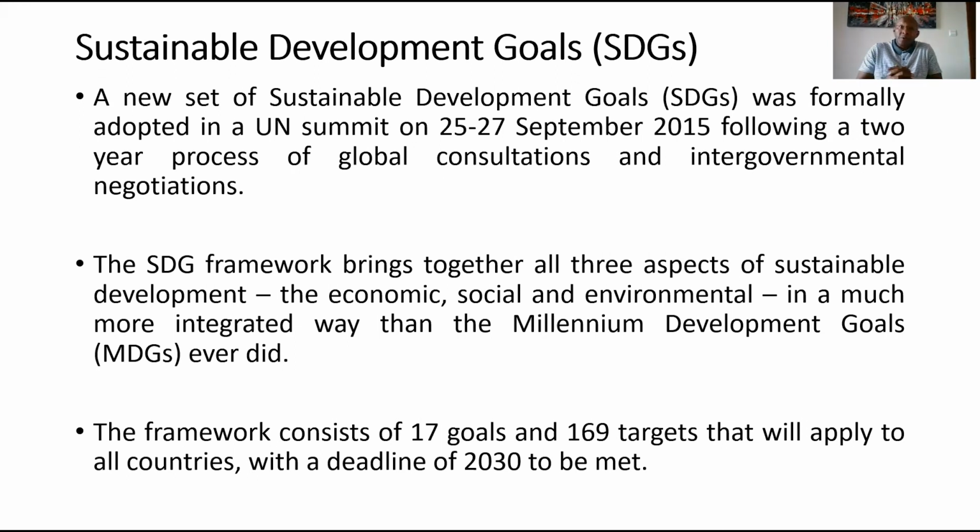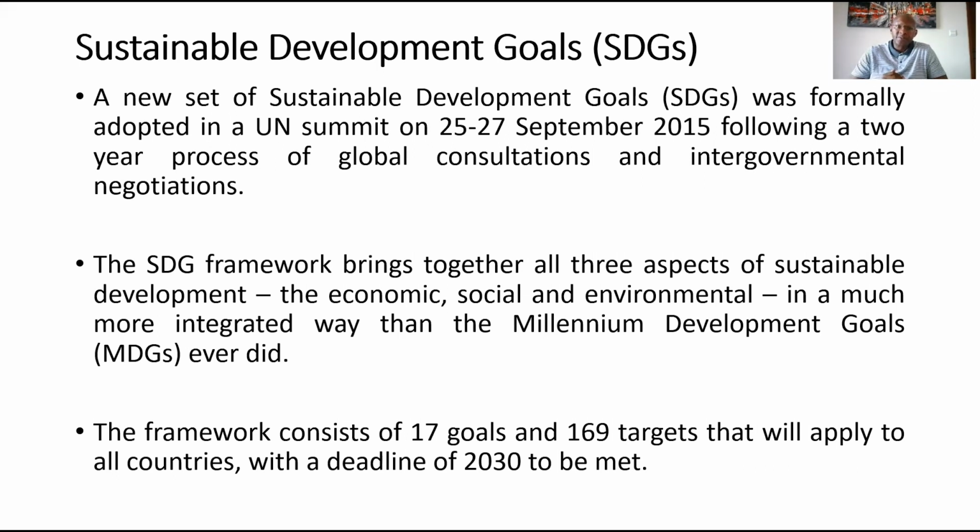The Sustainable Development Goals is what we are implementing now. These were formally endorsed by the United Nations Summit in September 2015. It was actually chaired by the president of Uganda, following a two-year process where there was quite a bit of consultation globally and intergovernmental negotiations.